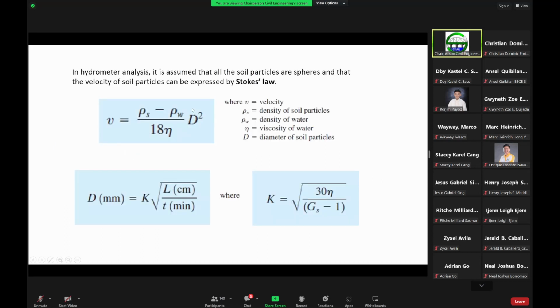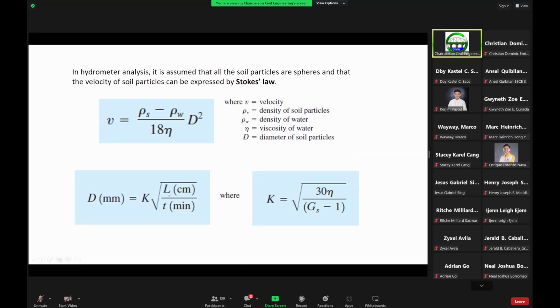After the sieve analysis, we also have the hydrometer analysis. Here it is assumed that all the soil particles are spheres, and that the velocity of the soil particles can be expressed by Stokes' law, just like this formula here.